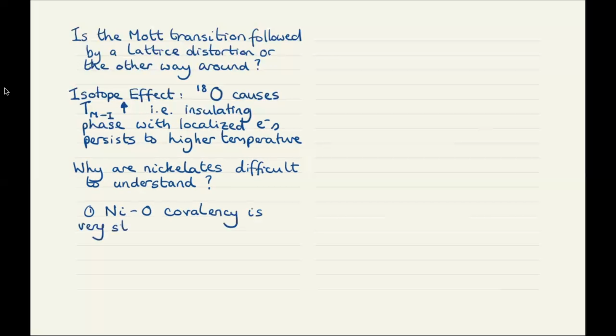There's a very strong bonding interaction between the nickel 3d orbitals and the oxygen 2p. And so the simple ionic picture, which would lead us to predict, for example, a Jahn-Teller distortion, is not so applicable. We can't really say it's nickel 3+ because it's so strongly covalently bonded with the oxygen.